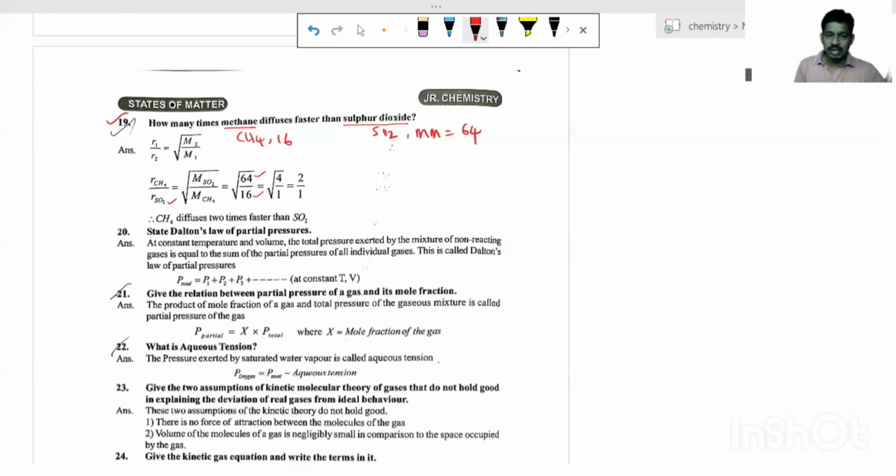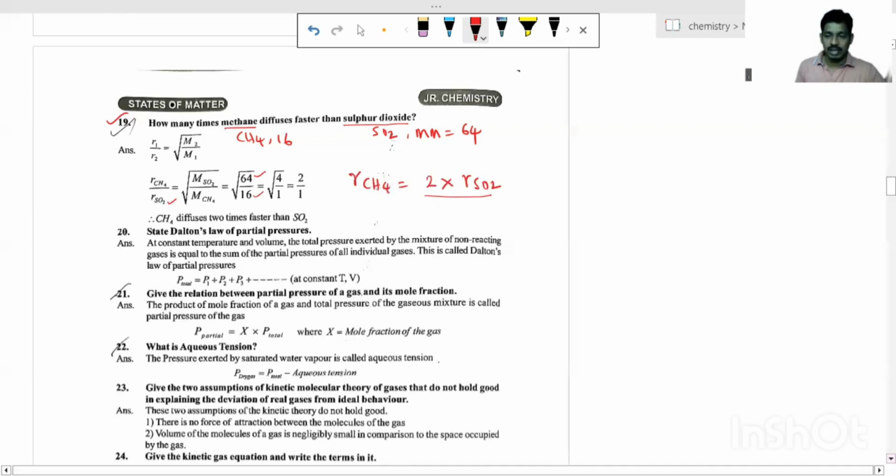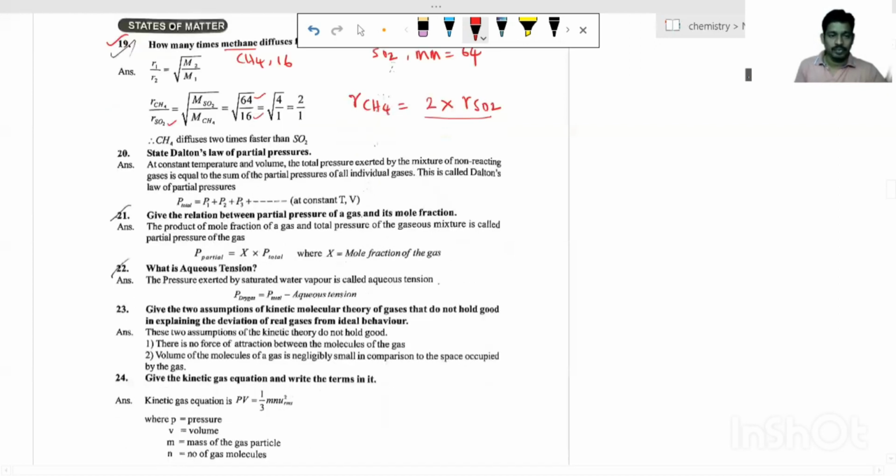So I'll simplify this. 64 by 16, that is nothing but root over 4 by 1. Root 4 is nothing but 2 by 1. That means the rate of diffusion of CH4 is equal to 2 into the rate of diffusion of sulfur dioxide. Means methane diffuses 2 times faster than sulfur dioxide. So this is about Graham's law.